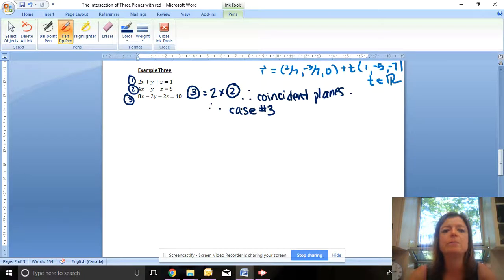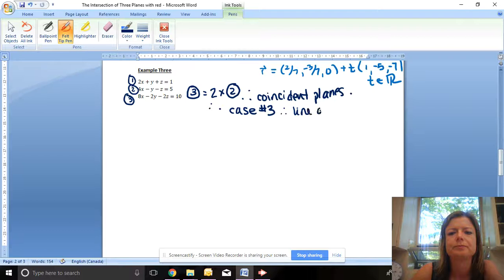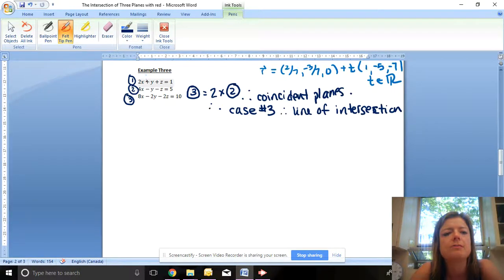It's not a scalar multiple. So therefore, there will be a line of intersection. So we can actually solve for that line of intersection. Basically, this is just as before. You either find the intersection between 1 and 2 or 1 and 3, because 2 and 3 are coincident planes. So you go ahead and do that.